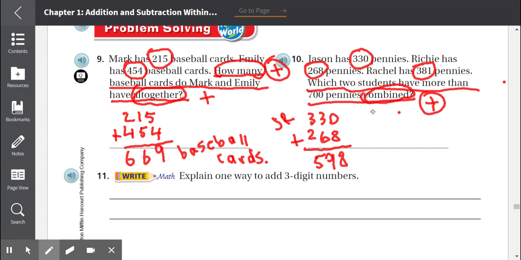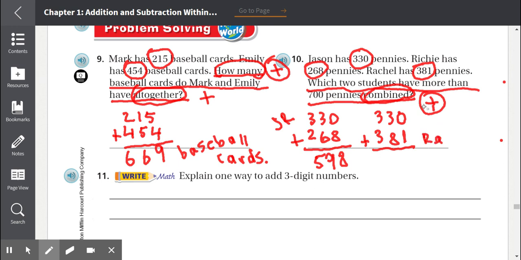So let's try Jason and Rachel. So Jason had 330 and Rachel has 381. So this is Rachel.